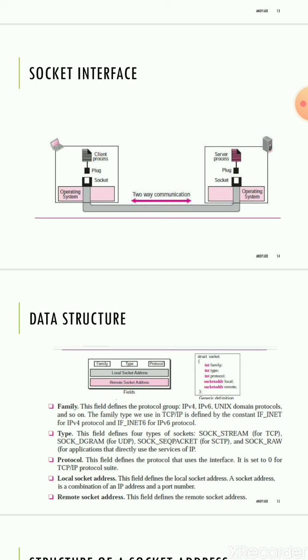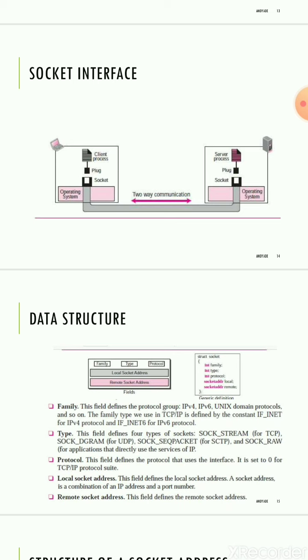The socket interface started in the 1980s at the University of Berkeley as part of the Unix environment. To better understand the concept of socket interfaces, we need to consider the relationship between operating systems such as Unix and Windows, and the TCP/IP protocol.